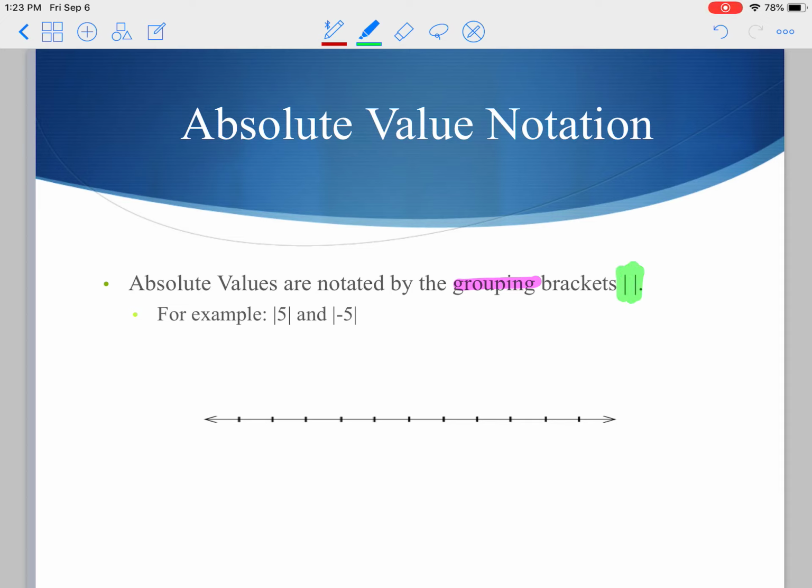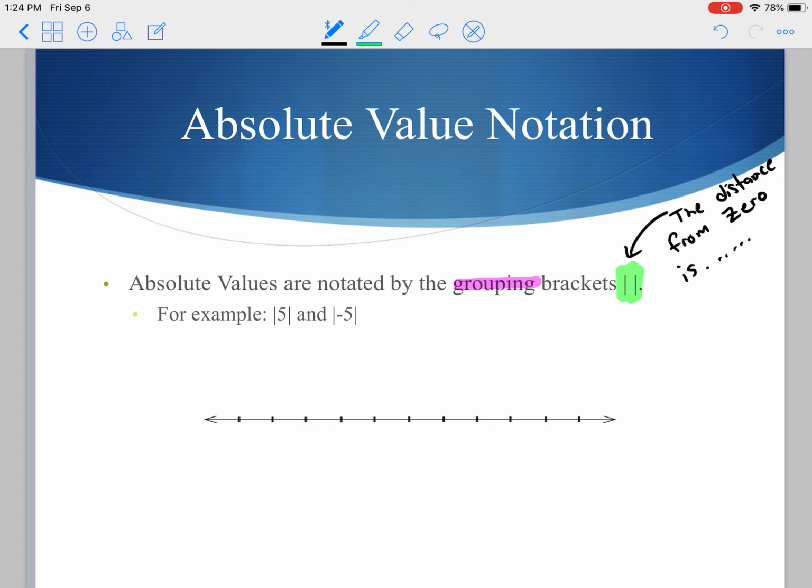Now, with an absolute value bracket, the terminology that we use when actually reading an expression or equation that includes them is the absolute value of. We need to think in our minds, as we're saying that, the distance from 0 is, and then whatever the value is contained inside those absolute value brackets.